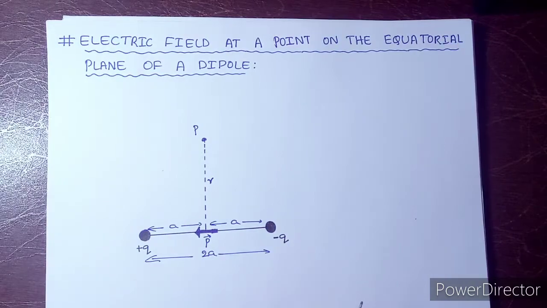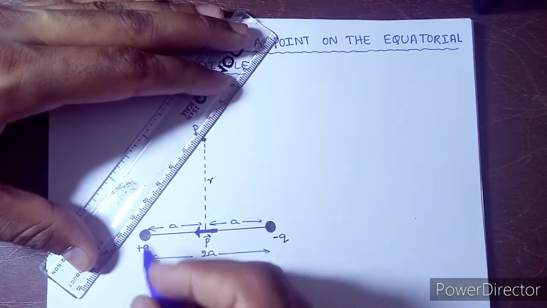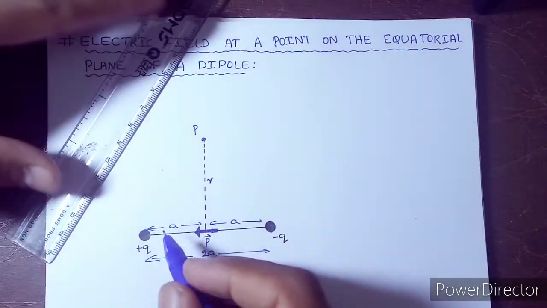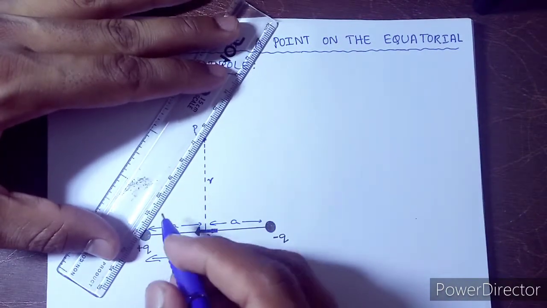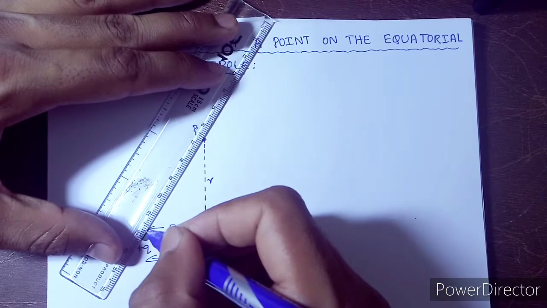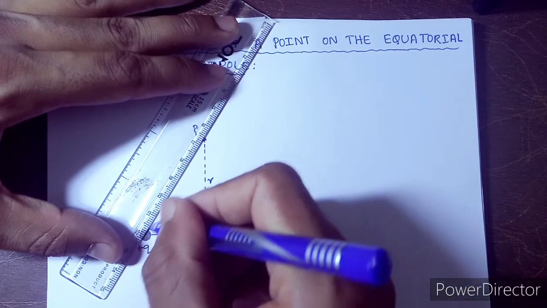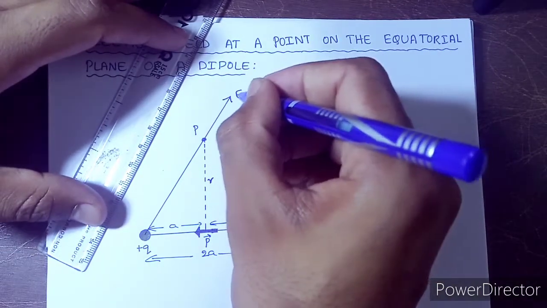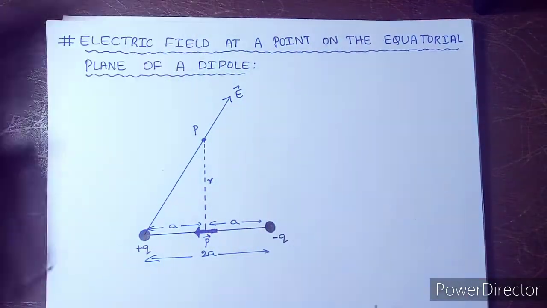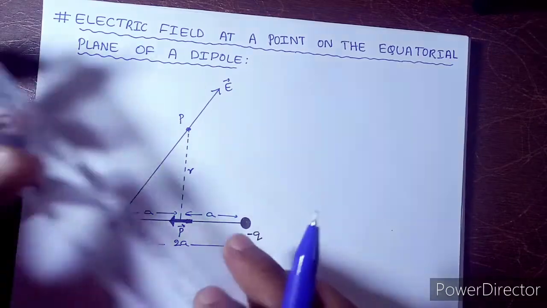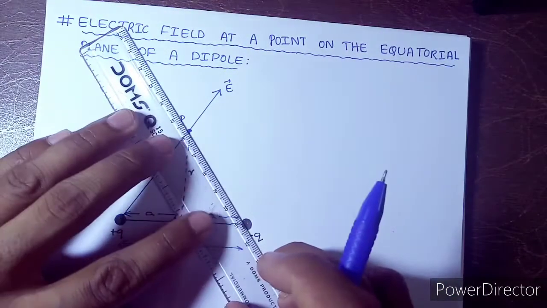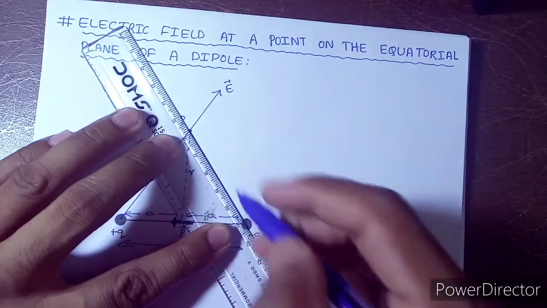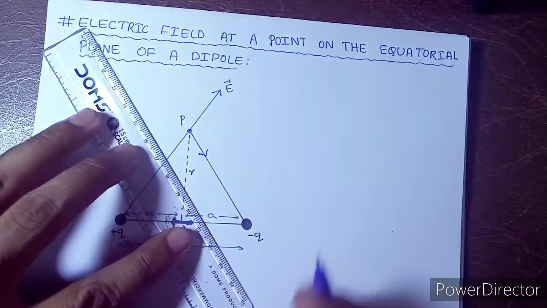Okay, now electric field due to a positive charge will always be radially outwards. That is the basic thing that everyone should know. So if I draw an electric field line here, that will be in this particular direction, that is E. Electric field line due to the negative charge will be directed radially towards the negative charge.